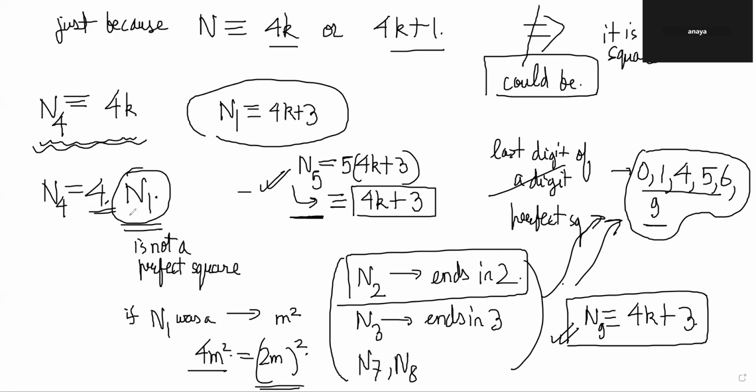But N1 can never be written as m square, right? So how can 4 times N1 become a perfect square? But that is not a good proof. Maybe we have to do it in a different way.